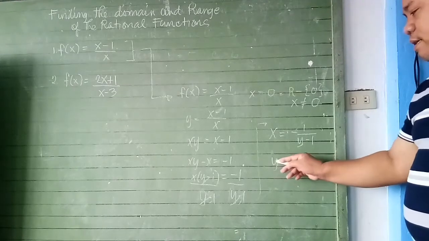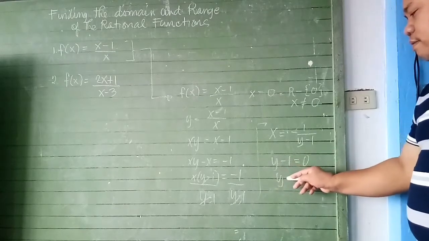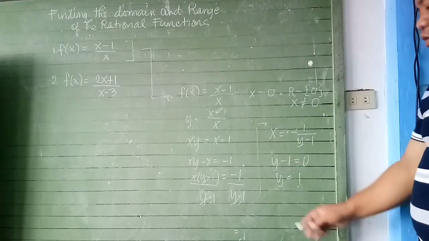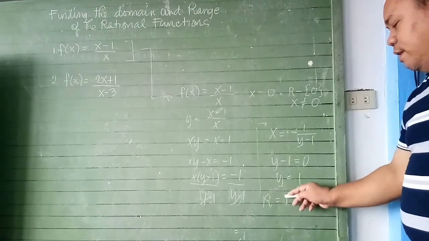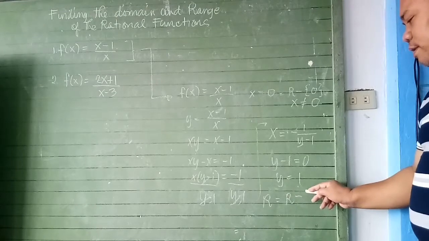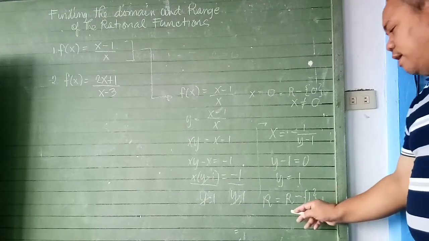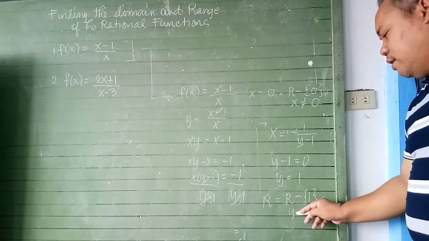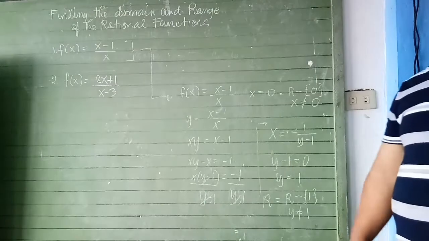So y minus 1 equals 0, so y equals 1. Now, your range is real numbers except 1, or shall we say, y should not be equal to 1. So that is your range.